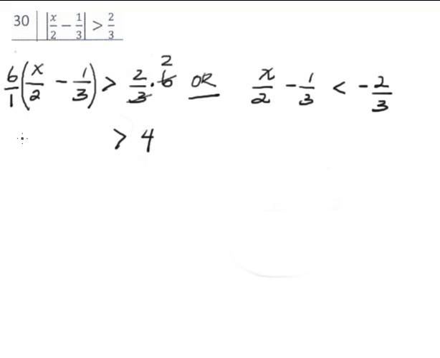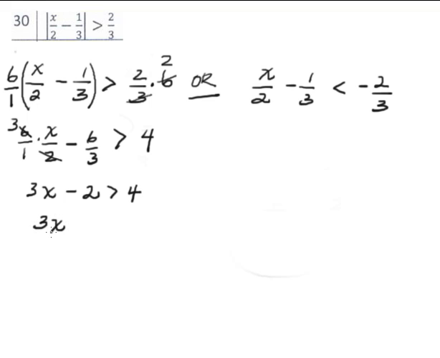So we have 6 over 1 times x over 2 minus 6 over 3. So we have 3x minus 2 greater than 4, or adding 2 to both sides, 3x greater than 4 plus 2, 6. Divide both sides by 3, x greater than 2.